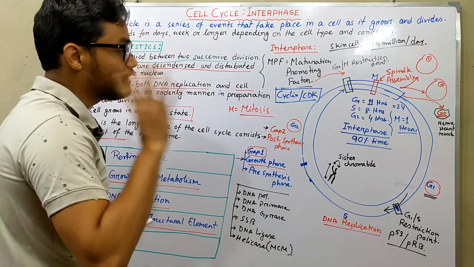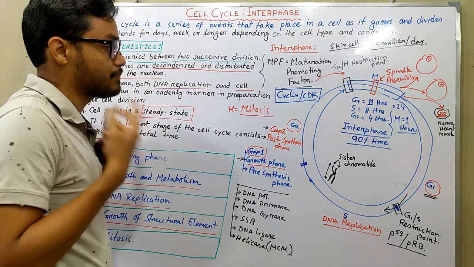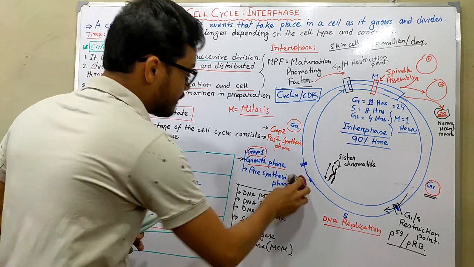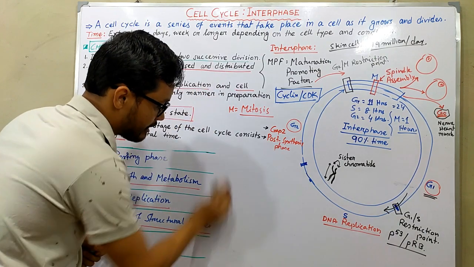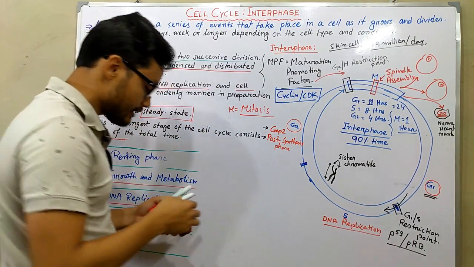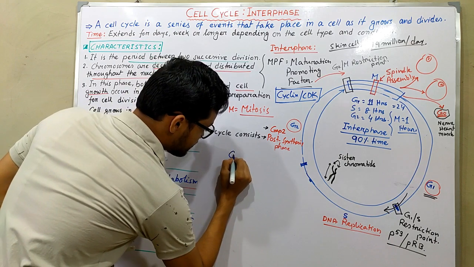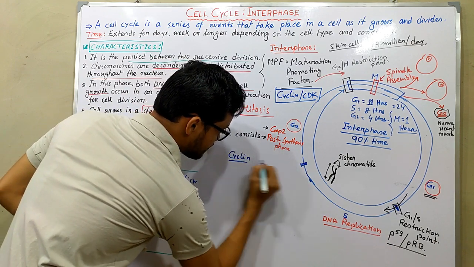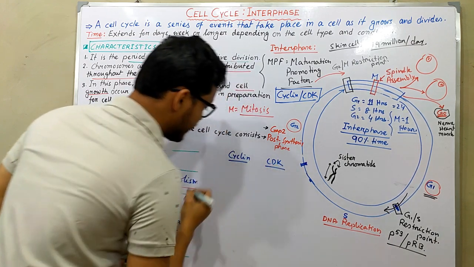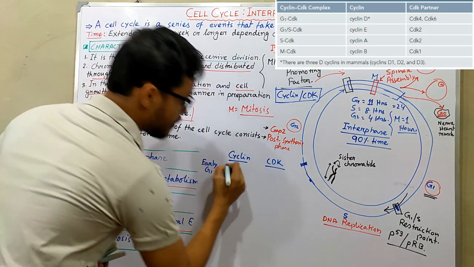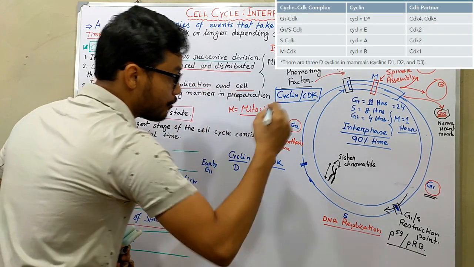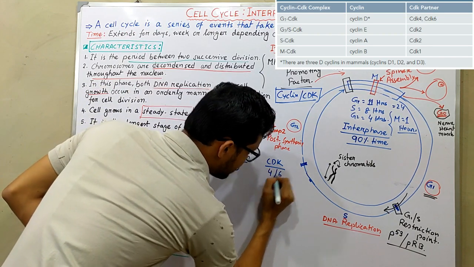There are four different cyclins and CDKs present inside the cell. Let's check about them briefly. In early G1, we observe cyclin D combined with CDK4 or CDK6.